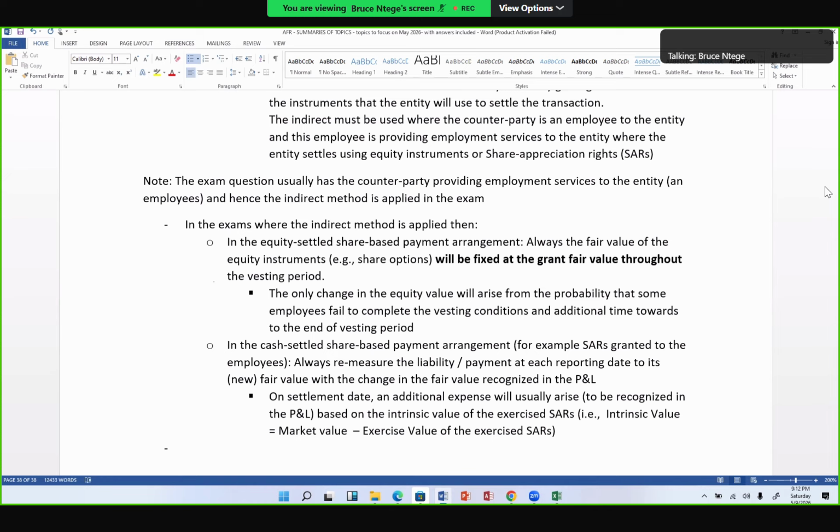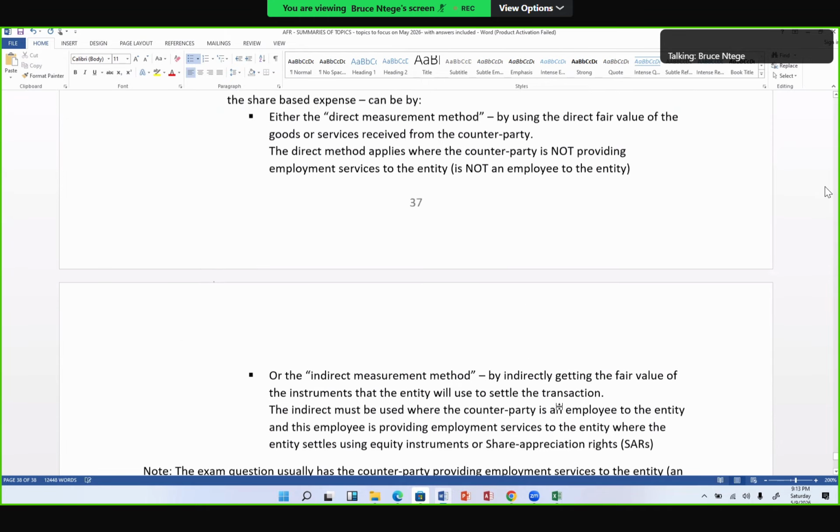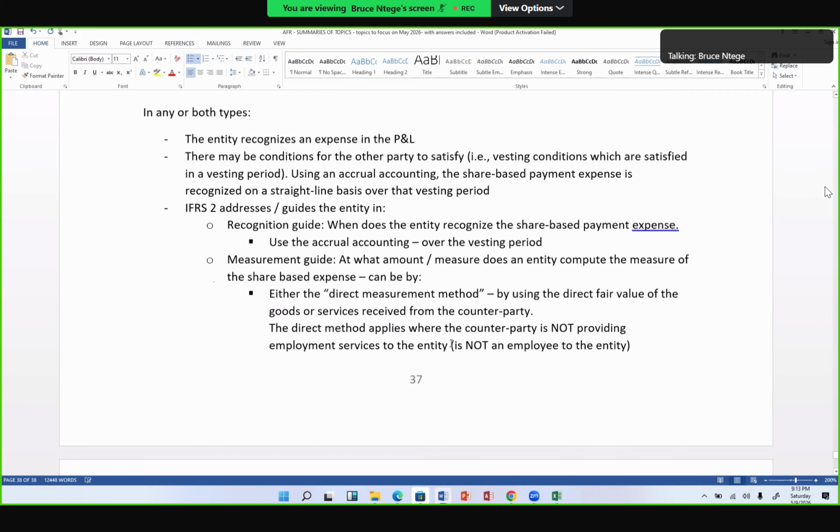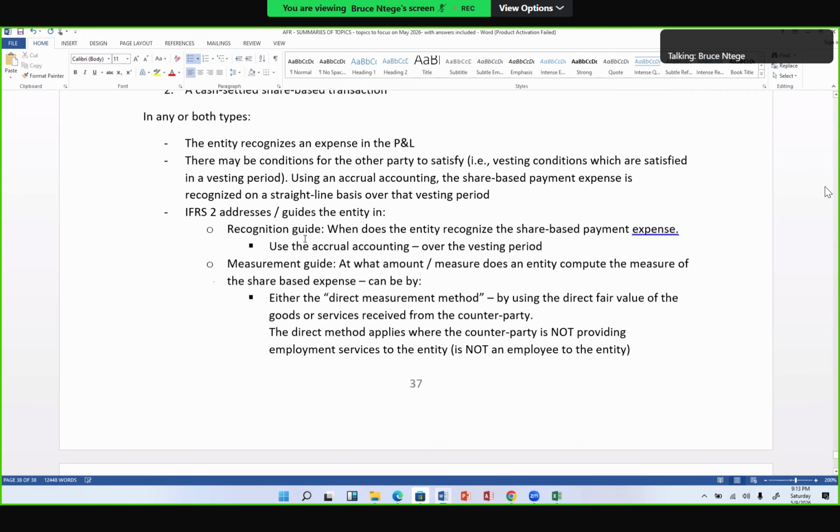one, the fact that the amount you keep taking to the P&L as an expense. Remember, how do we recognize it? We usually recognize a share-based payment expense in the P&L using accrual accounting. As you keep debiting a P&L expense, I hope you are all aware that when you expense a transaction, it's because you're not capitalizing it.